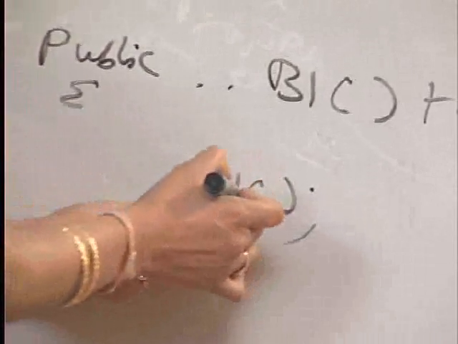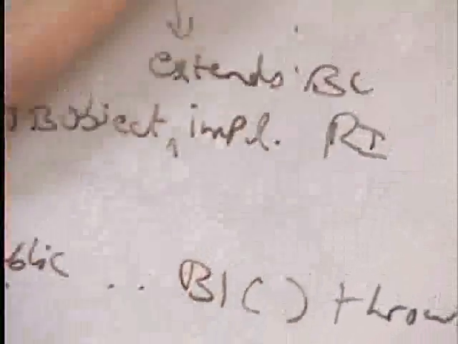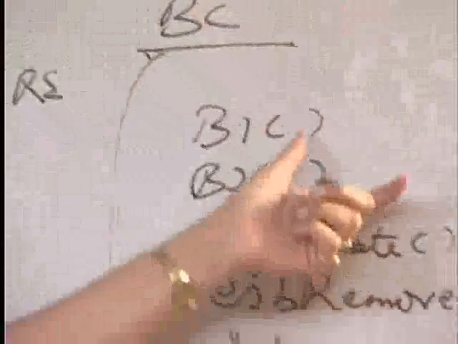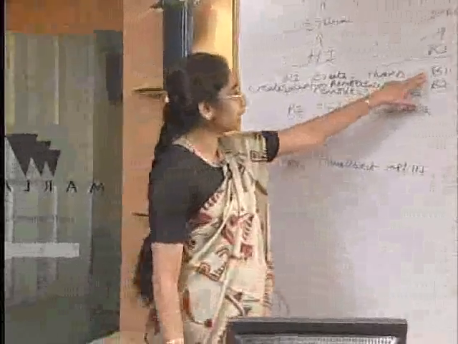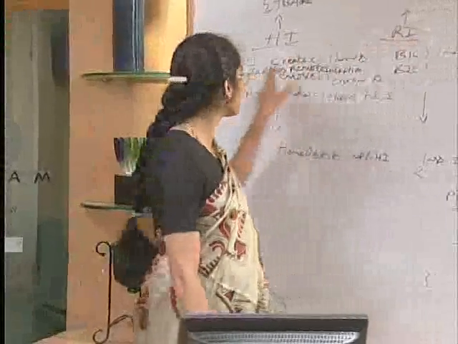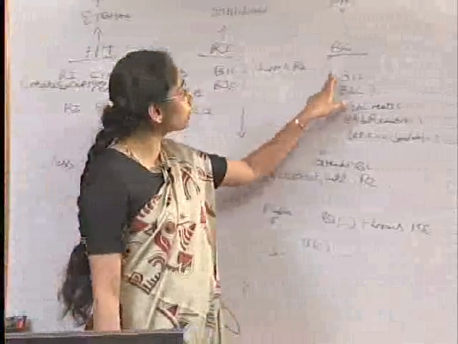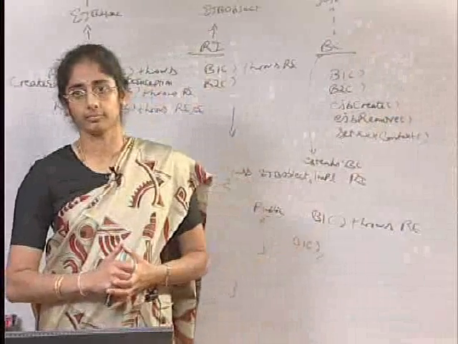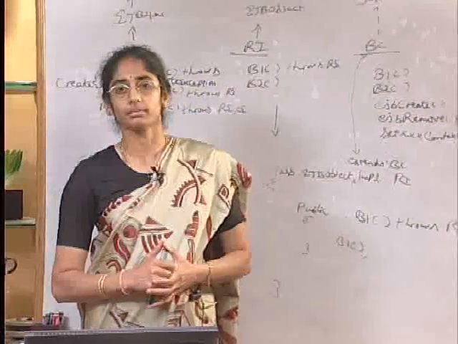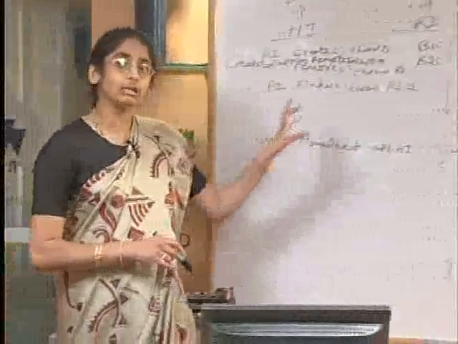So this B1 is nothing but the parent's, the bean class's business method implementation. Therefore, when the business method is invoked using the remote object which you fetch from the create or the finder method, the business method which you defined in the bean class gets executed in return. So this is how the mapping is done.